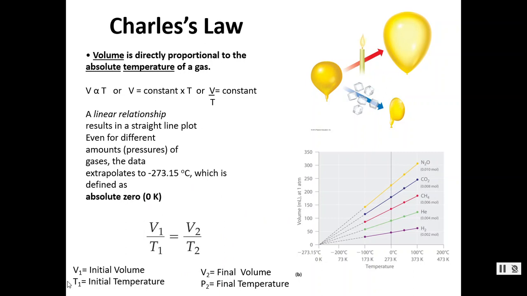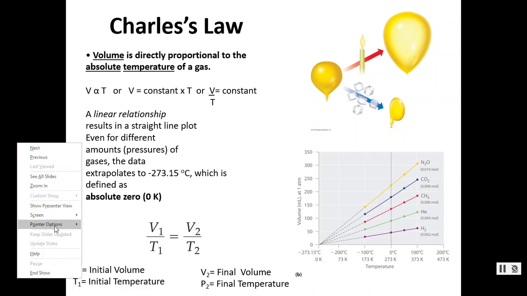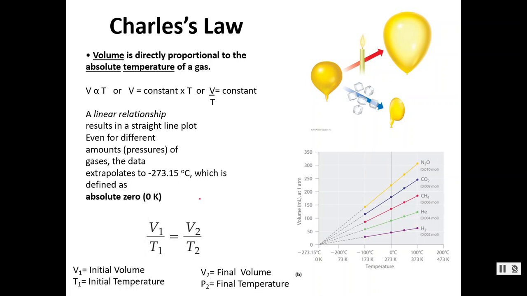So when using Charles's Law or any gas law, your temperature must be in Kelvin. And that's straightforward enough, because when you are given temperatures in Celsius, to take that temperature into Kelvin, you add 273 to it, and that will give you the temperature in Kelvin.